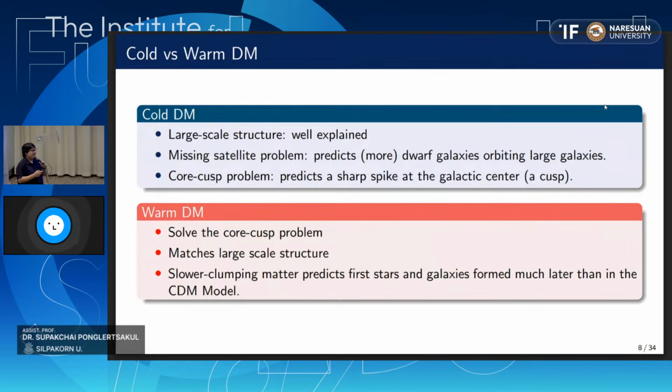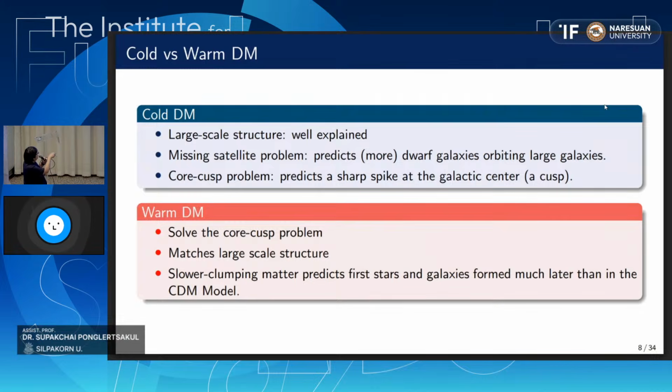The warm dark matter makes the cusp problem less worrying, because for the warm dark matter, the particles move a little bit faster, so they do not accumulate as well compared to the cold dark matter. So that might somehow solve the cusp problem.